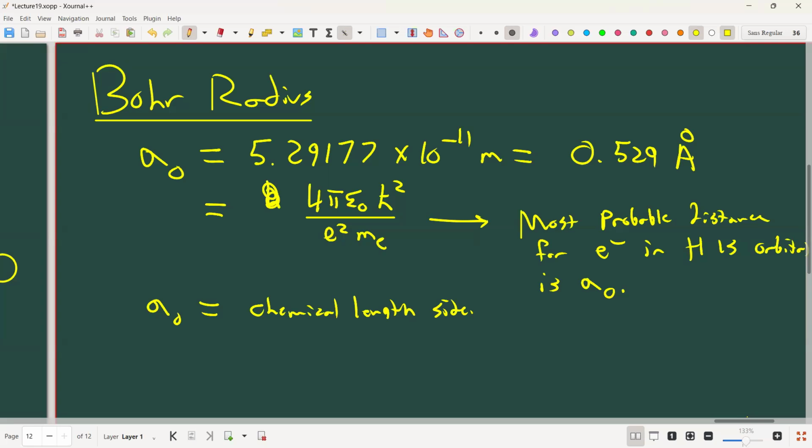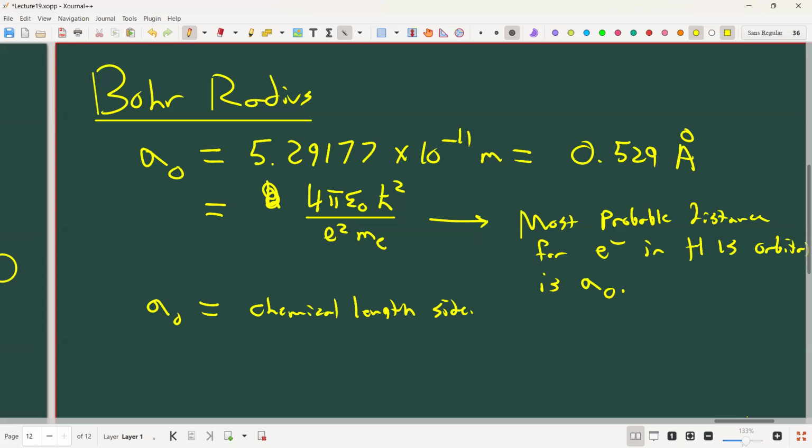So a0 is determined in some sense by the ability for the system to transmit electrical force through the vacuum between the proton and the electron. That's epsilon naught, and it's divided, and that's e squared, right? So e squared is the amount of charge that's being delivered between the two. Epsilon naught tells you how efficient it is to transmit that charge between the two particles. h bar squared, again, just tells us we're in quantum mechanics.